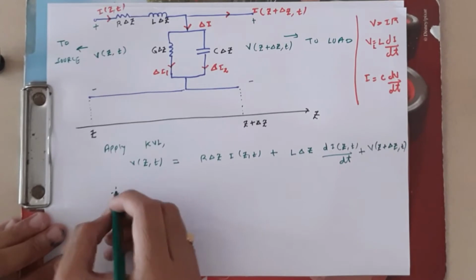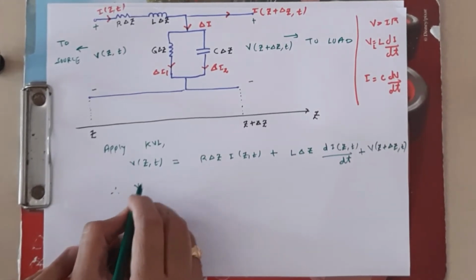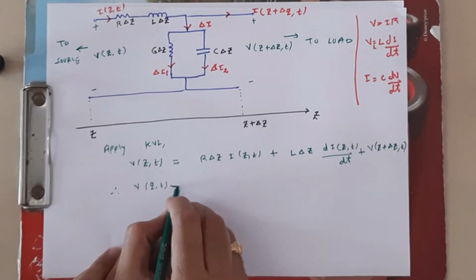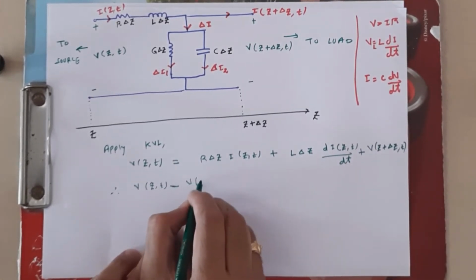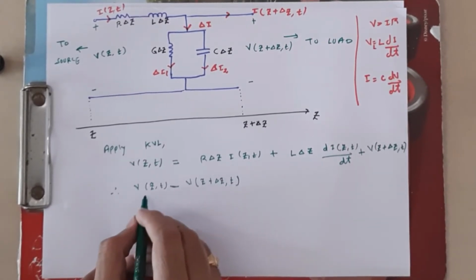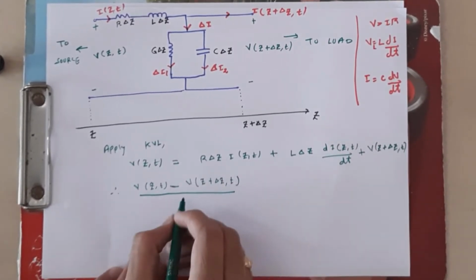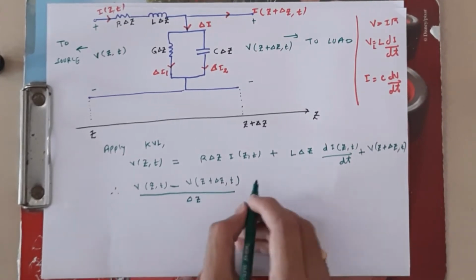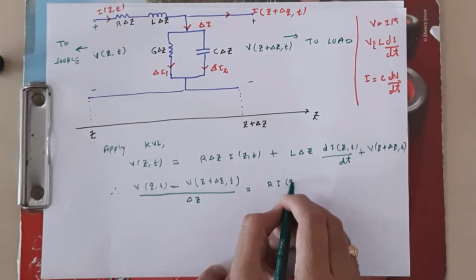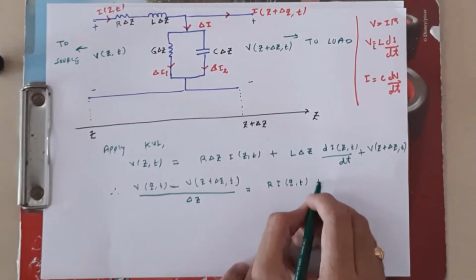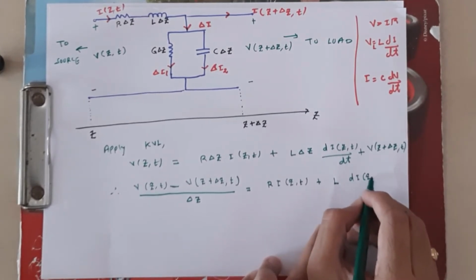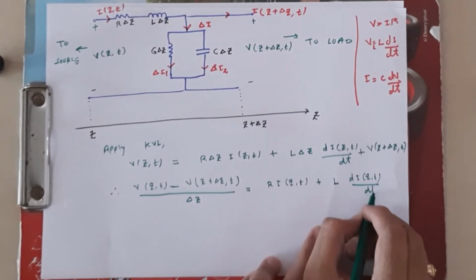Now to rearrange this term, you can write V(z,t) on the left hand side, so V(z plus delta z, t) minus V(z,t), divided by delta z, since delta z is common, which goes in the denominator, is equal to R I(z,t) plus L di(z,t) by dt.